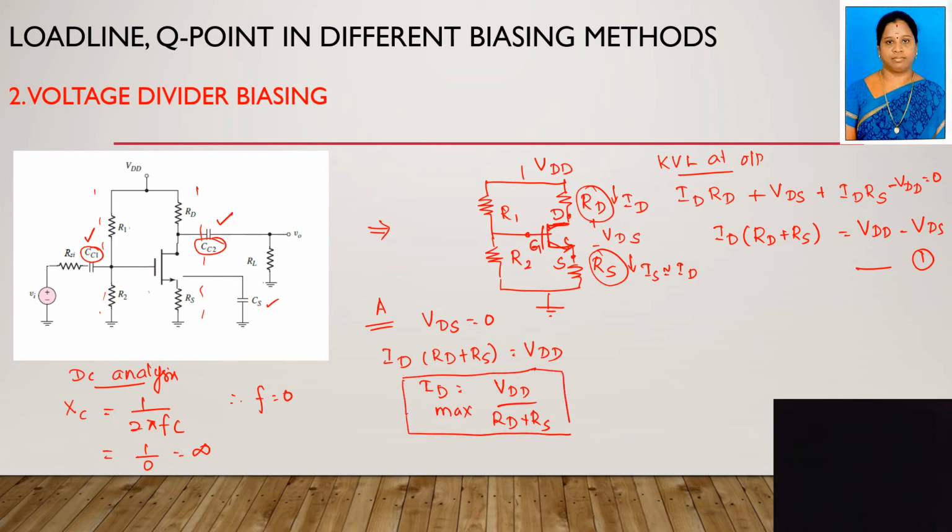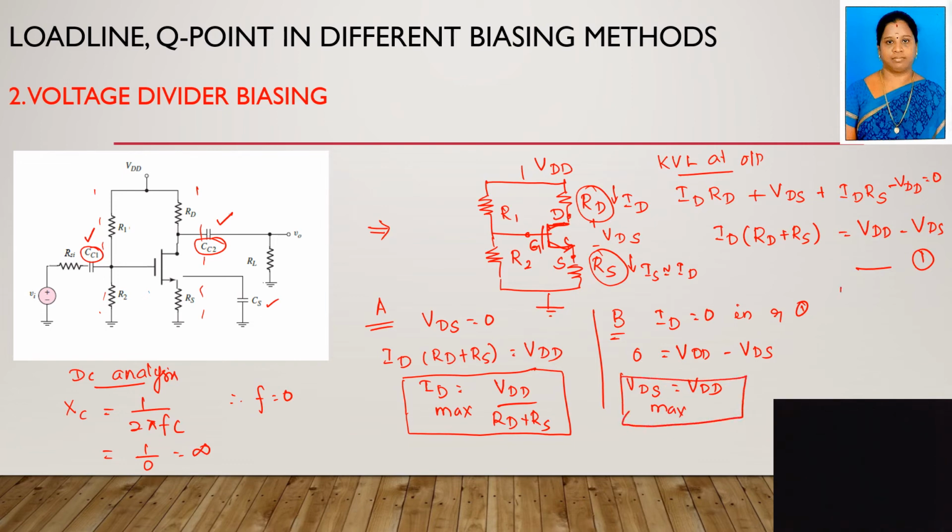Similarly, you have to find point B. For that we make ID equal to 0 in equation 1, so 0 equals VDD minus VDS, thereby VDS equals VDD. This VDS is the maximum voltage.